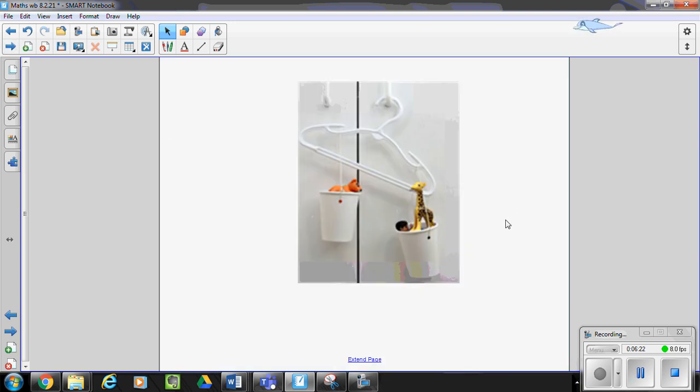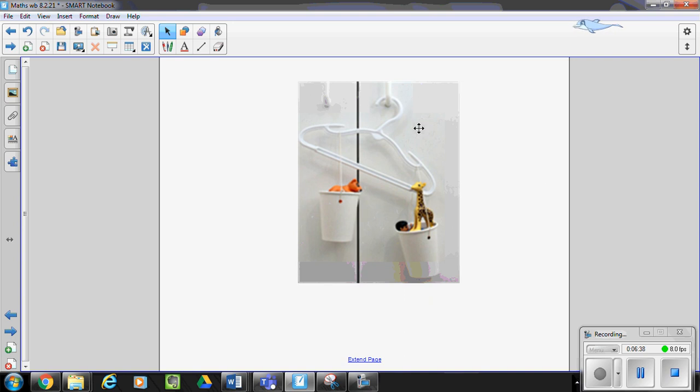For today's challenge, you are going to have a go at weighing different objects around the house. Now I know a lot of you will not have balancing scales at your house, so here is a way that you can make some.